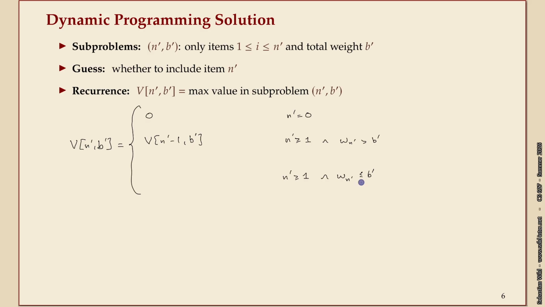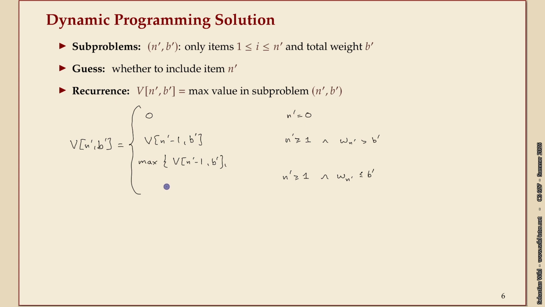Now, if I can fit this last item, I have 2 options. I can pick the best of 2 choices. So I'm doing a maximum. And one option is the same as above. I'm not picking this new item that I'm allowed now. So again, this option. But here I have the second choice of picking this new item.